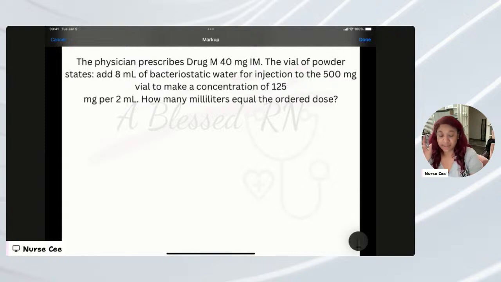It doesn't matter how many milligrams or grams are in the vial, how much solvent you're supposed to add, how many shakes you're supposed to do on the right or on the left. Doesn't matter. We want to know the concentration of the medicine after you have reconstituted it. Okay? All right.